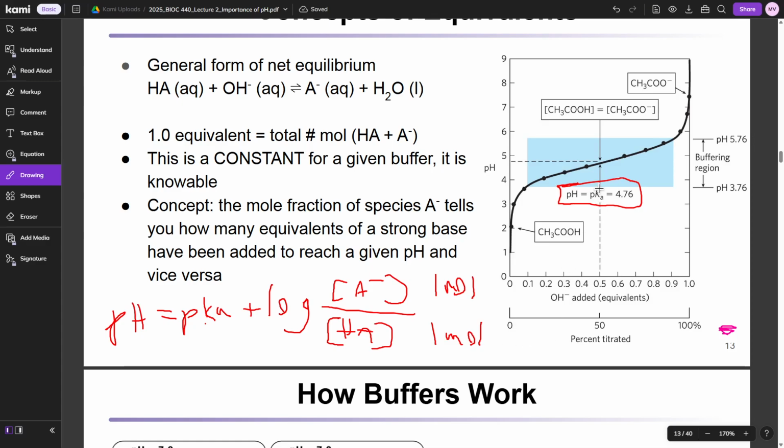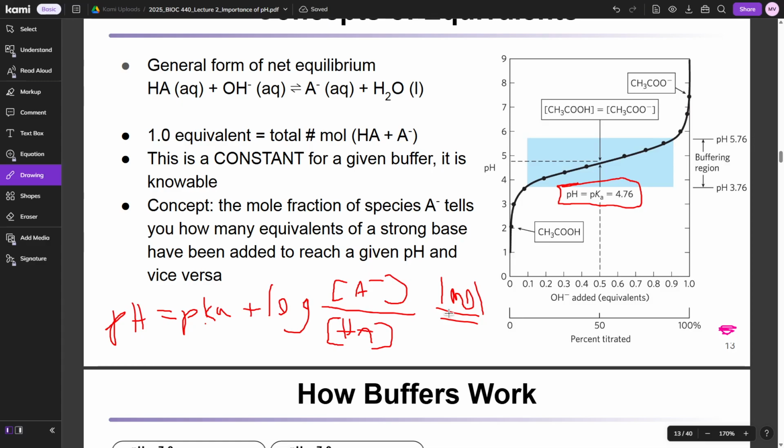And that makes sense because if we look at this graph here, let's say that we have 1 mole of substance, 1 mole of HA, so 1 mole of some acid. If I add half of an equivalent of this, I would be adding 0.5 moles of hydroxide.